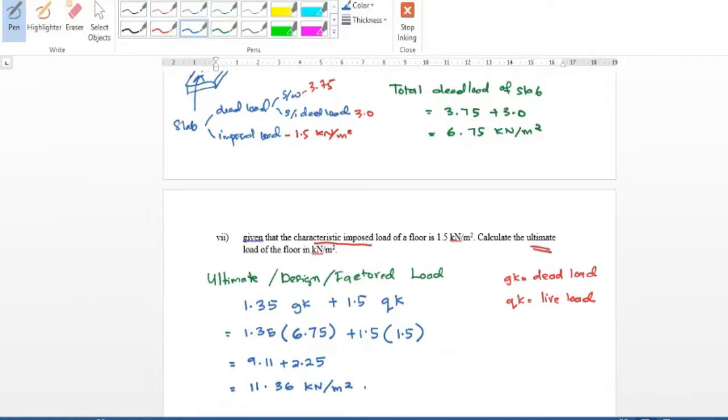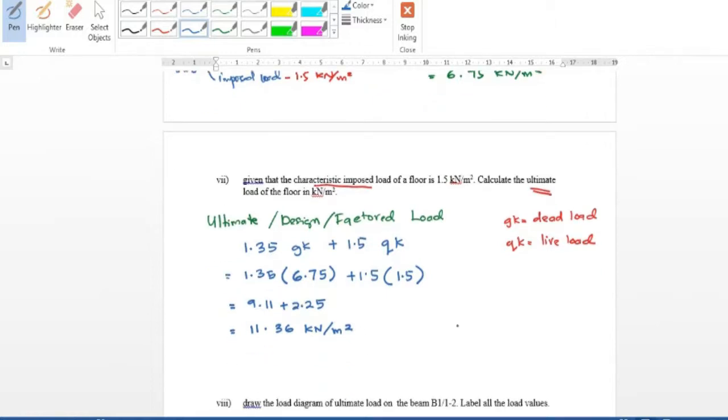Okay guys, so this one is the ultimate load of the slab, or floor. So how to find the ultimate load? 1.35 GK refers to dead load, plus 1.5 QK refers to live load. This formula is only for slab.